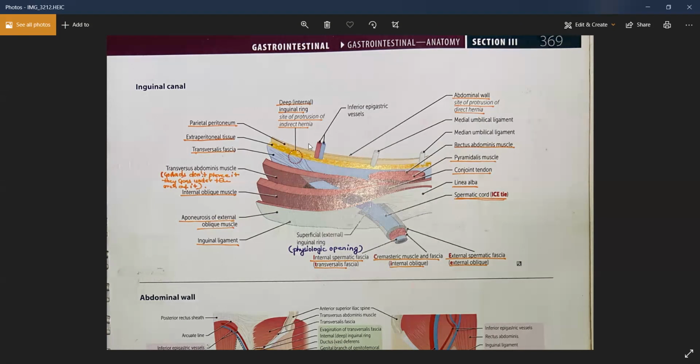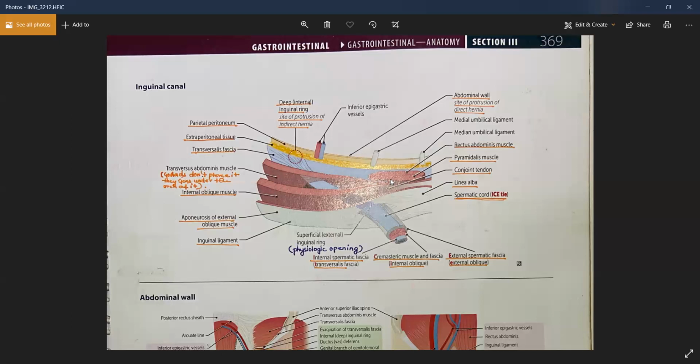Now let's come back to the inguinal canal. So you have the parietal peritoneum. Just anterior, or superficial, to it, you will have the extraperitoneal tissue. Then you have the fascia of the muscle, known as the transversalis fascia. After the transversalis fascia, on the medial side, in the very midline, you will have the rectus abdominis muscle.